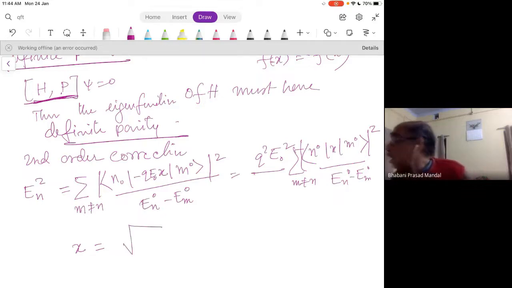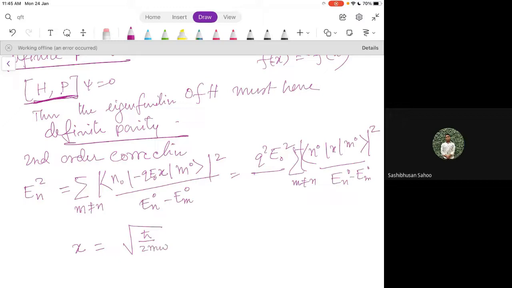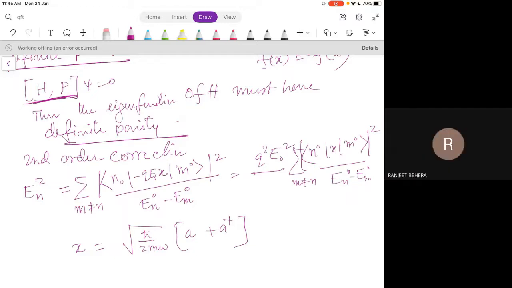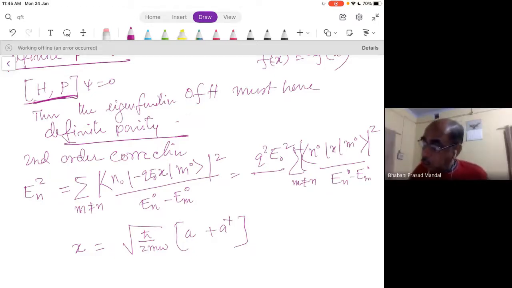If you remember, I don't remember, but let me see from my notes: root over h cross by 2m omega, then a plus a dagger. Is that correct? Yes, sir. Yeah, this is correct.